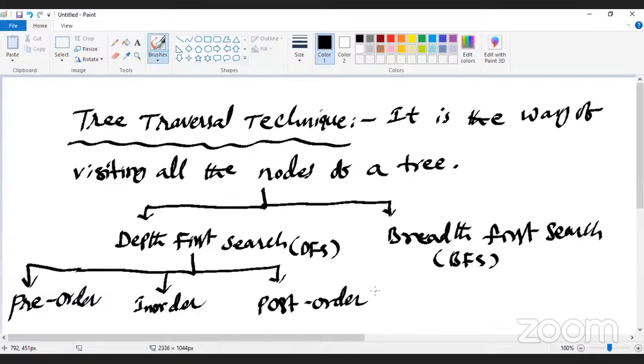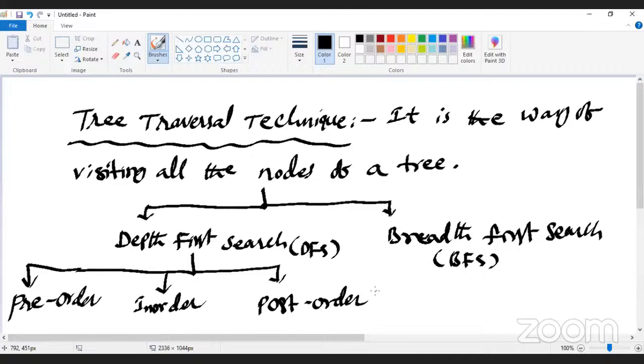There may be a question: what is a tree traversal technique, and explain this tree traversal technique using in-order, pre-order, and post-order. They may give you a list of nodes or elements to construct a BST.